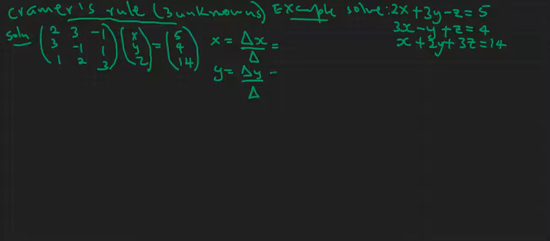And z is the determinant with respect to z over the determinant of the coefficient matrix. So this is what we need to work out.